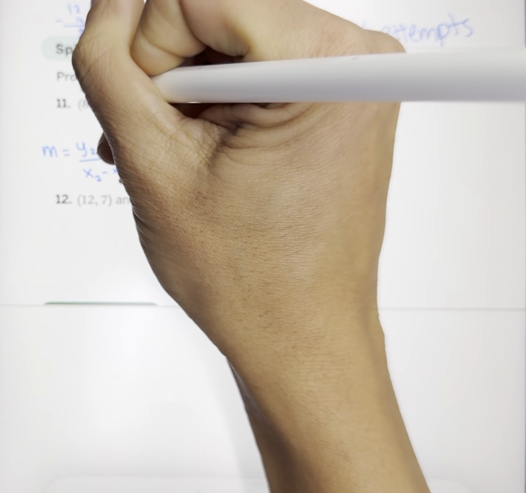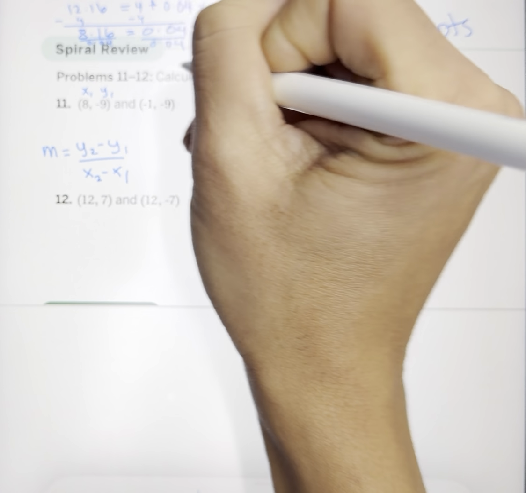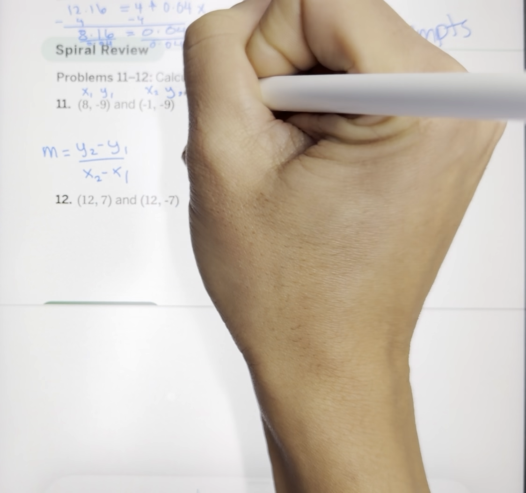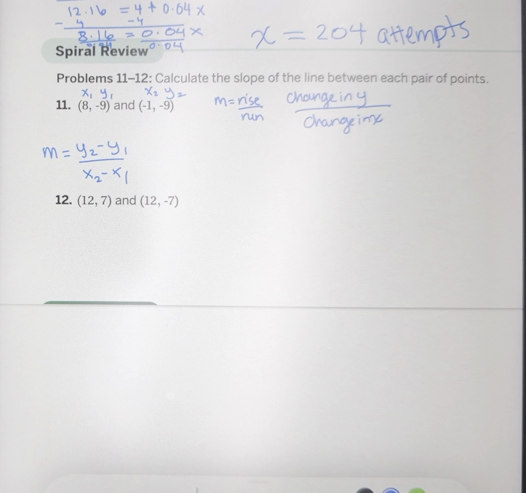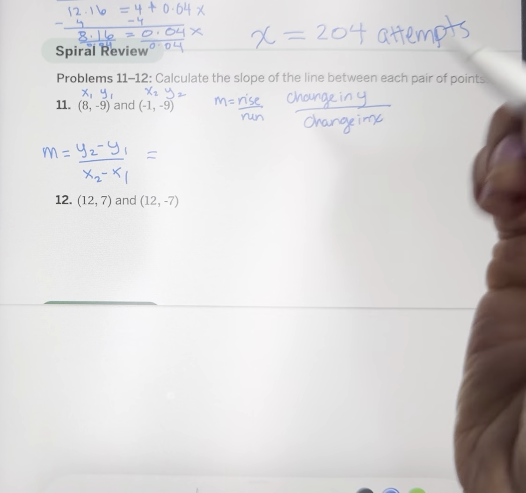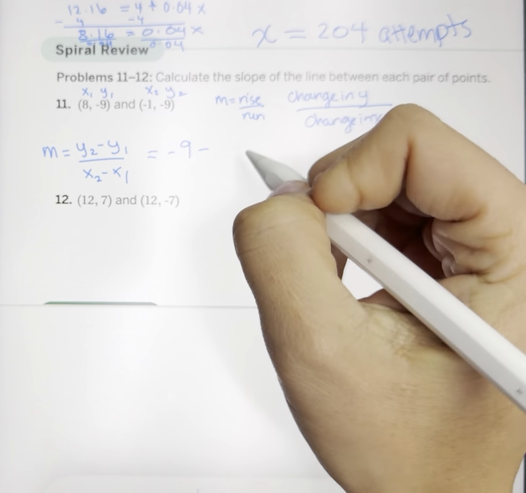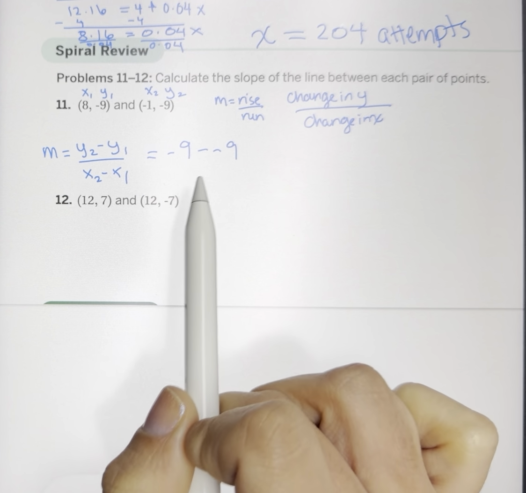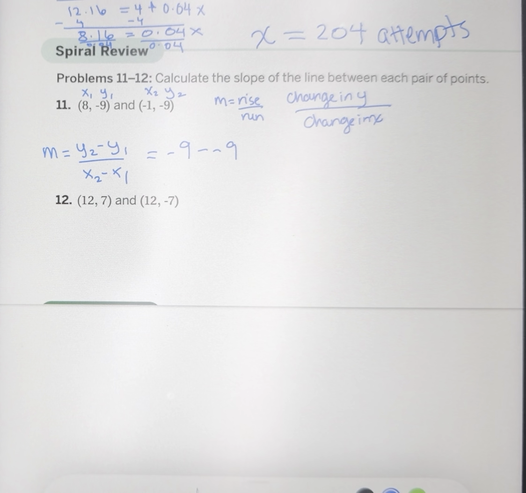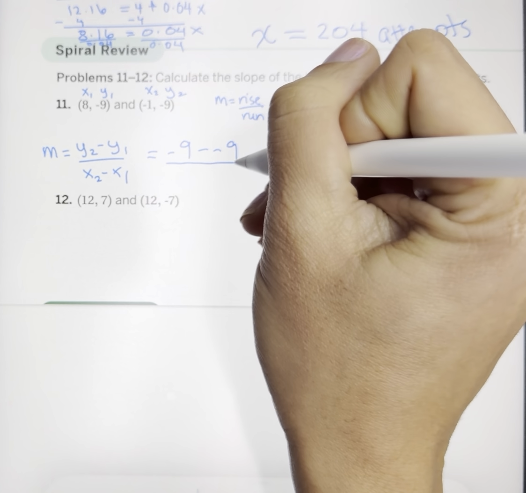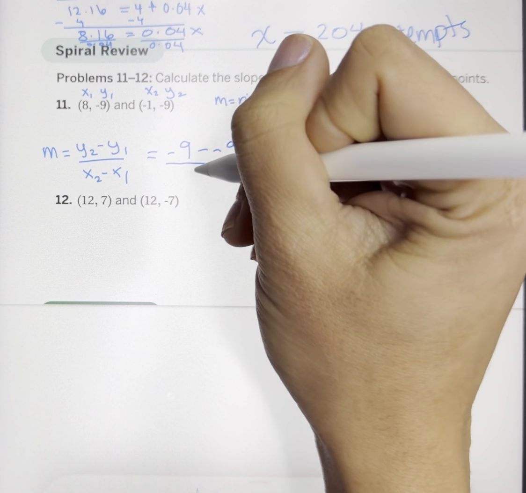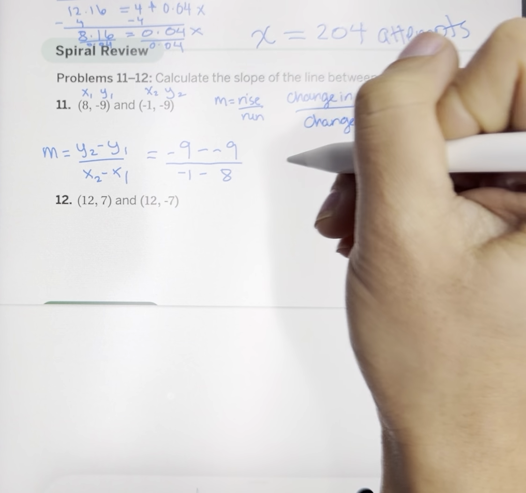And we were told to label our points x1, y1, x2, y2, so we don't make a mistake, and then bring everybody here. y2 is -9 minus y1 is -9. They're both negative. It is what it is. Don't go changing it because it looks funny. Divided by -1 minus 8.